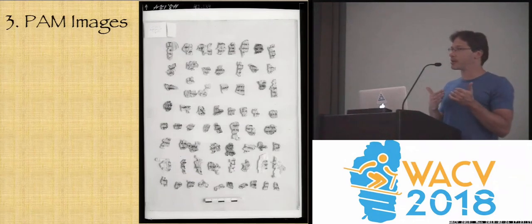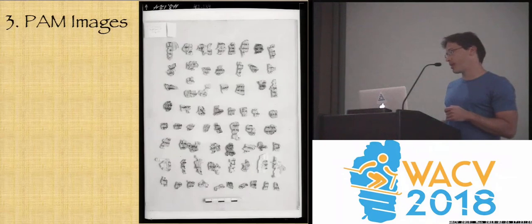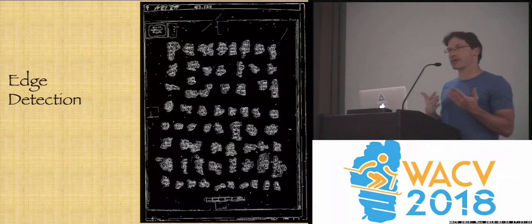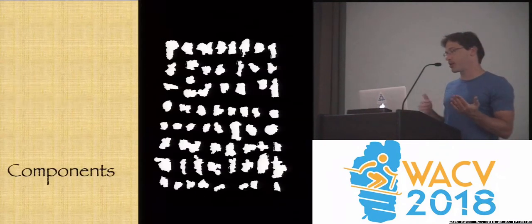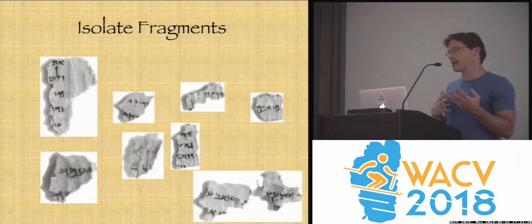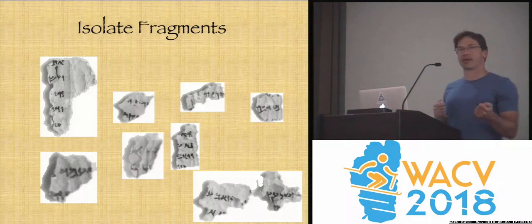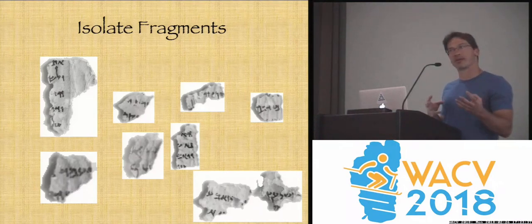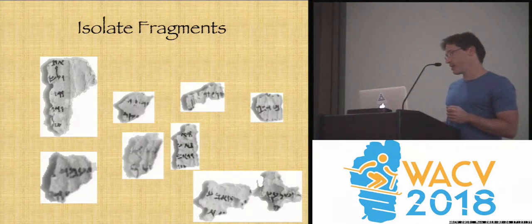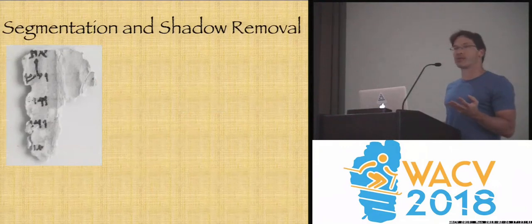People tried to save film by taking fewer images of more fragments. So we do classical computer vision, we edge detect, we compute components, and then we create a training set by applying GrabCut in order to get components without the shadow and so on. Then we want to do the segmentation automatically for all fragments.